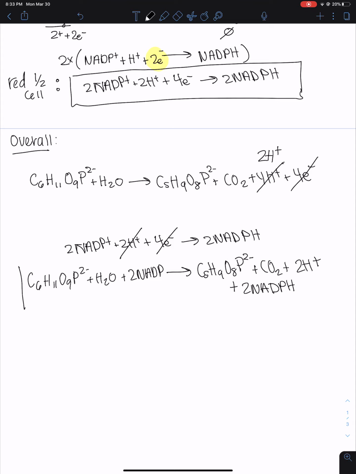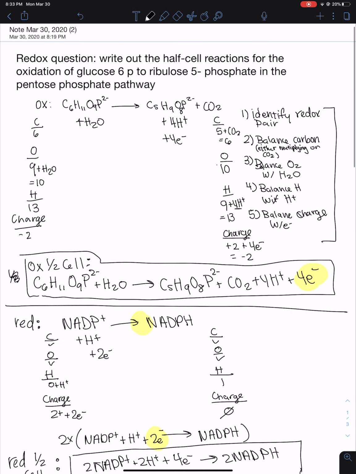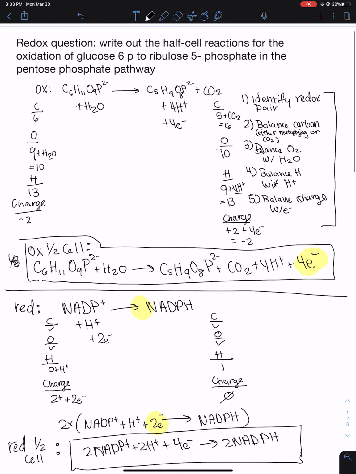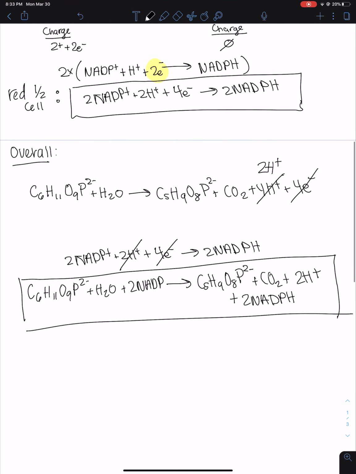This right here is your overall reaction in the oxidation from glucose 6-phosphate to ribulose 5-phosphate, and that's how you do it.